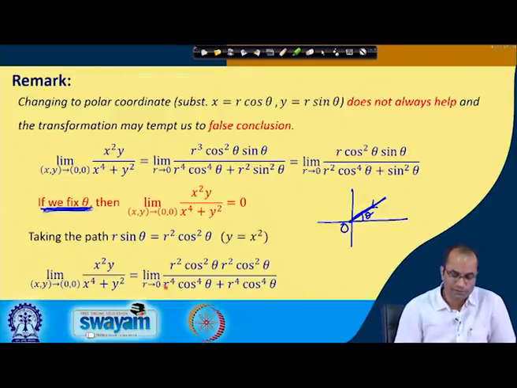So, now what are we getting here? It is r 4 cos square theta, and again cos square theta and cos square theta.